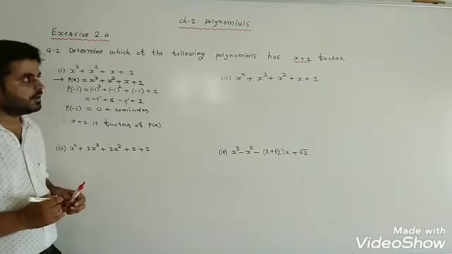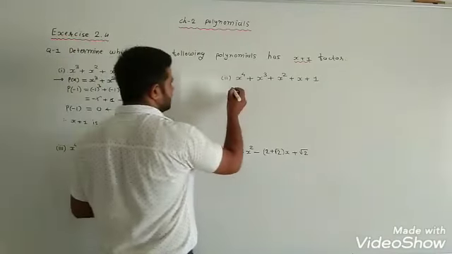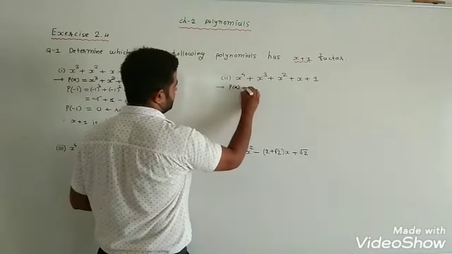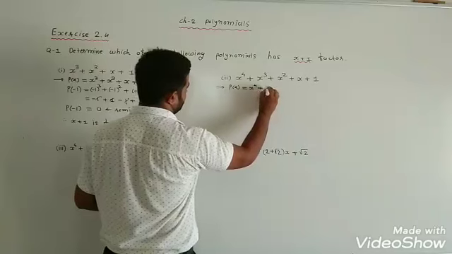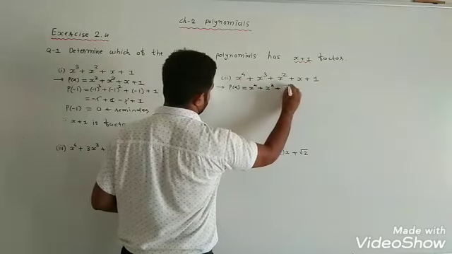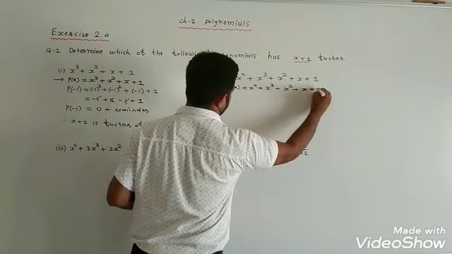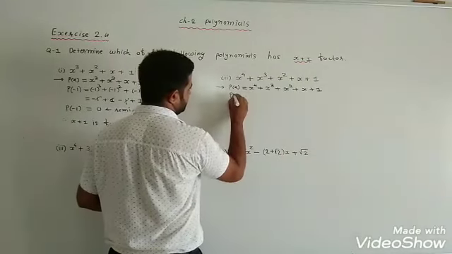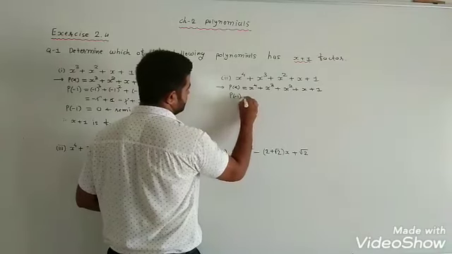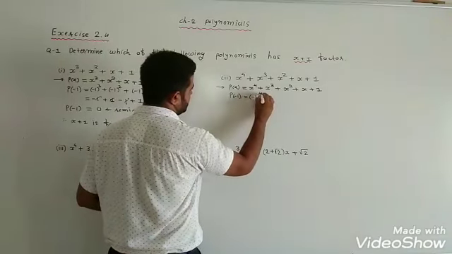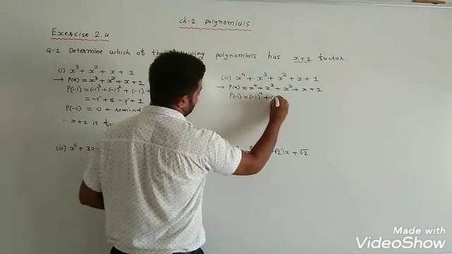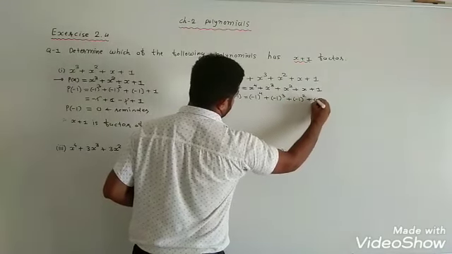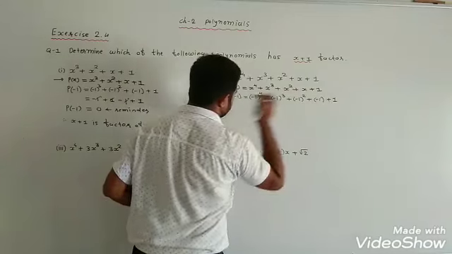is a factor or not. Now the second question: p of x is equal to x raised to 4 plus x cube plus x square plus x plus 1. For x plus 1, the value of x is minus 1, so we write minus 1 raised to 4 plus minus 1 cube plus minus 1 square plus minus 1 plus 1.